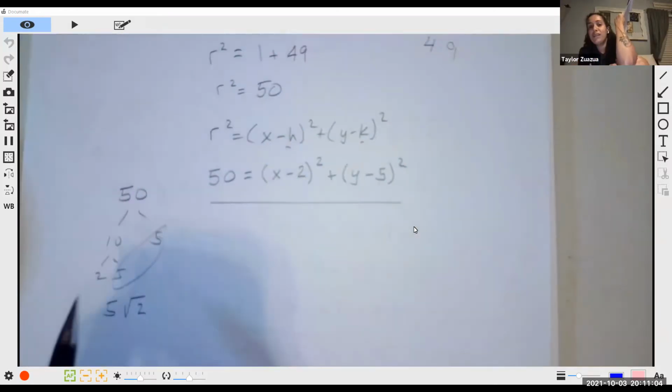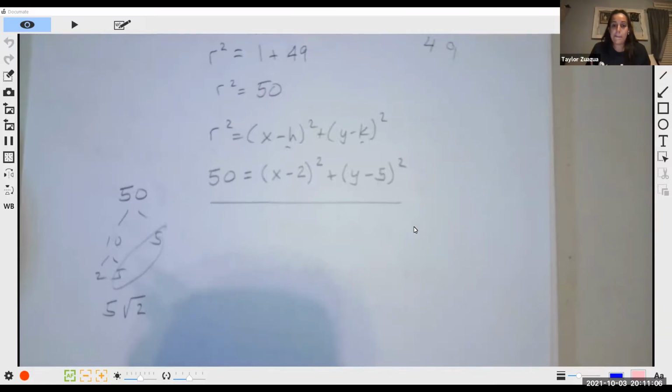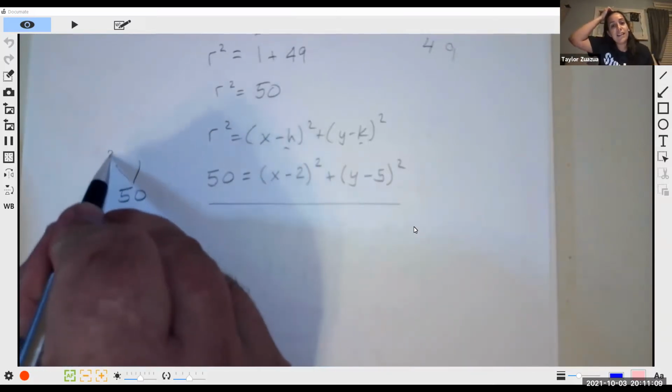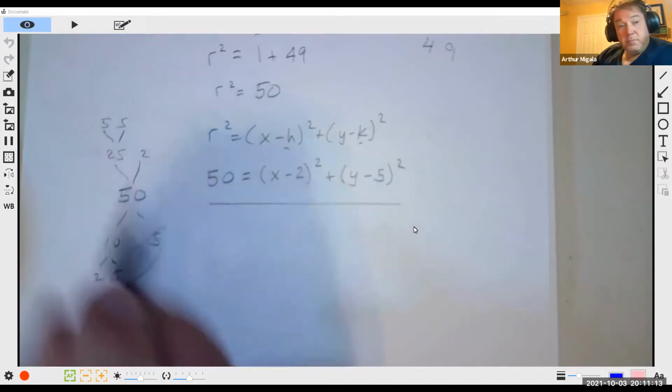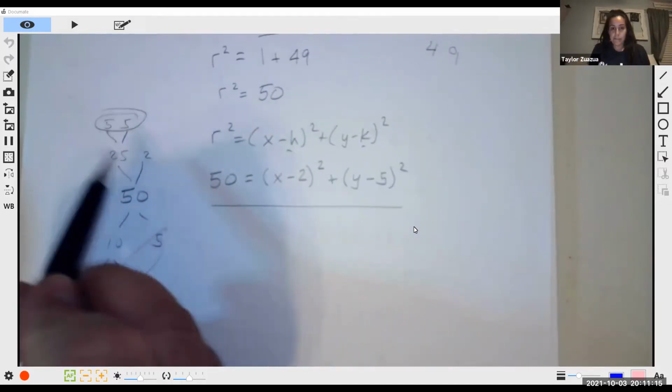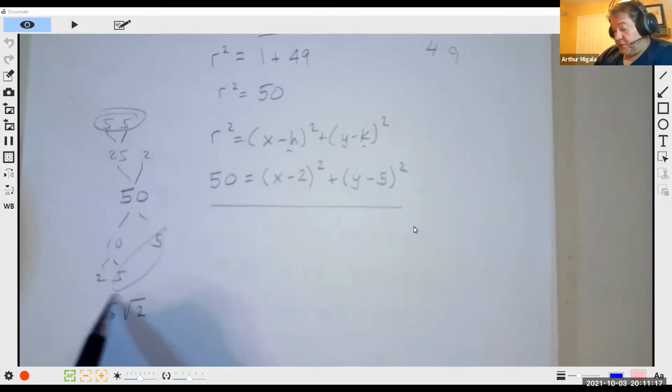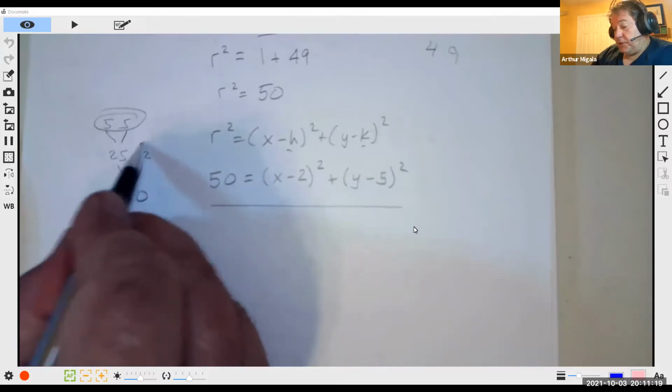Or you can say 50 is 25 times 2, and 25 is made up of 5 times 5. So you have a pair of fives that comes out of the square root, and the 2 stays inside.